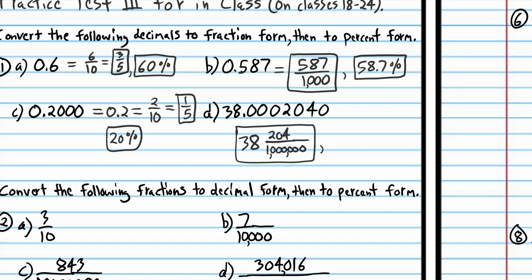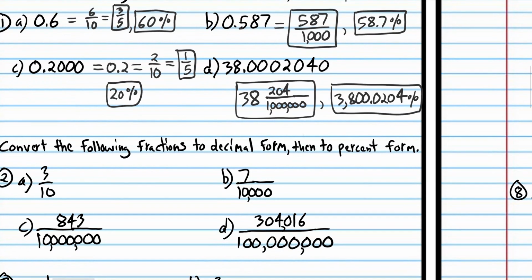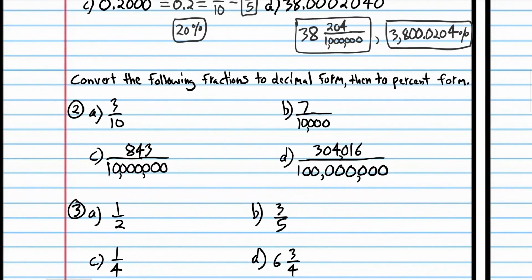Now to change it to a percent, again, you just move the decimal 2 places to the right, and it becomes 3,800.0204. Oh, I forgot my percent. Don't forget your percent sign. So we have 3,800.0204%. So if you got those answers, good job.